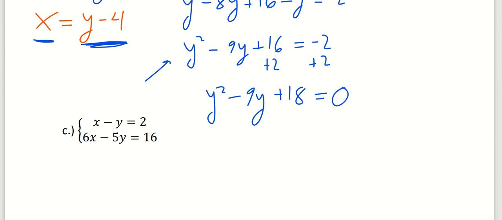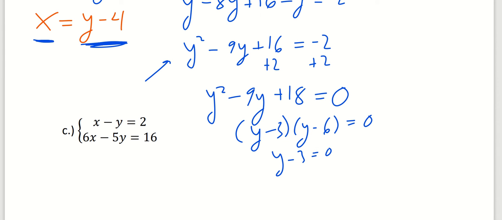To solve this quadratic, you should want to try to factor it. If you're unable to factor it, you can always use the quadratic formula. Fortunately, this one will factor as y minus 3 times y minus 6 equals 0. Set each factor equal to 0 independently. We get y equals 3 and y equals 6.